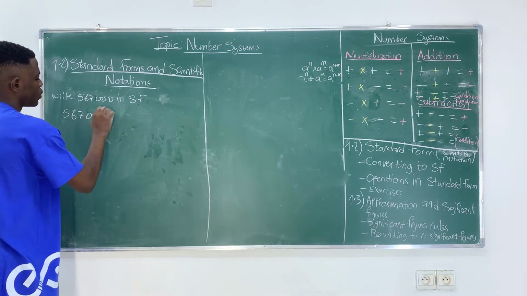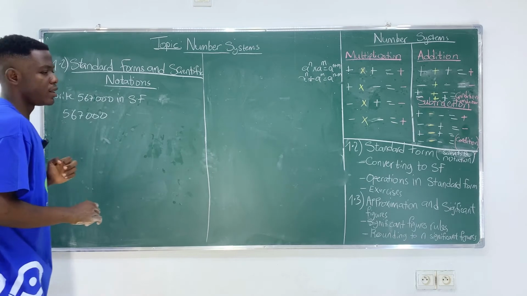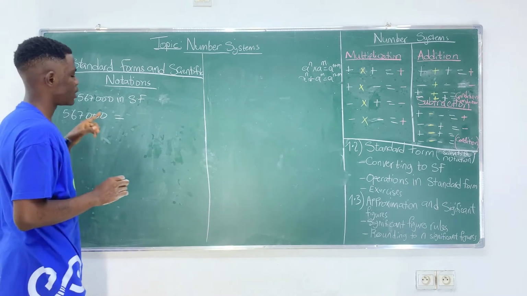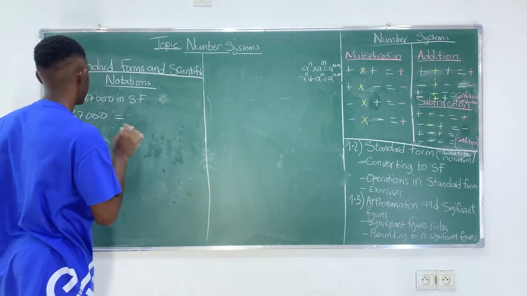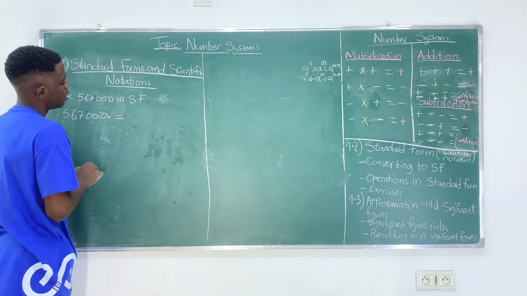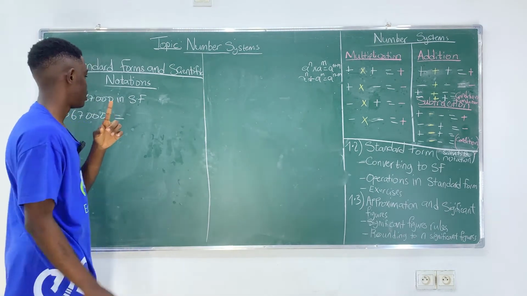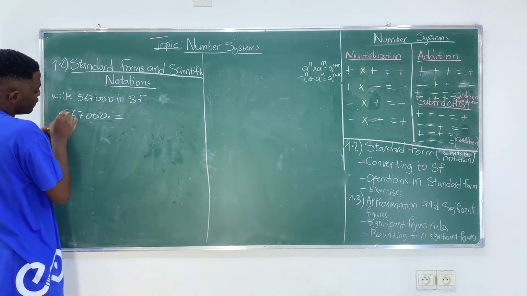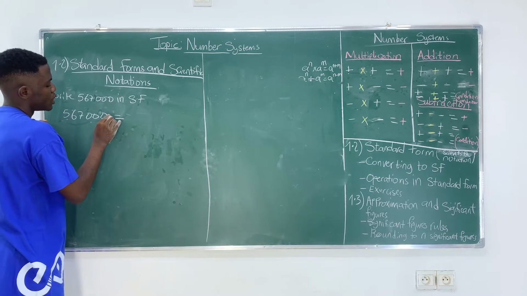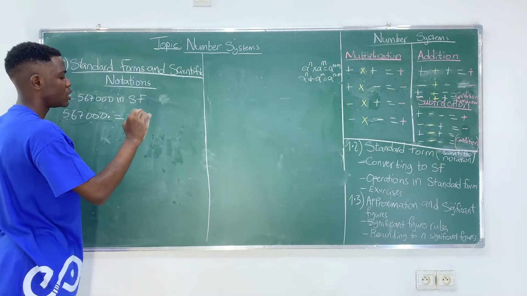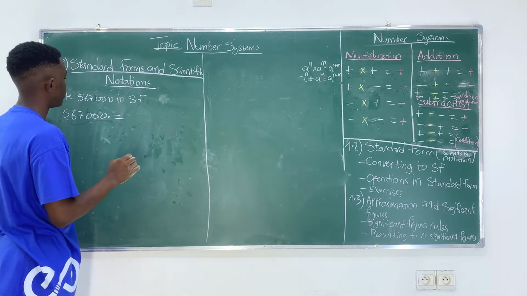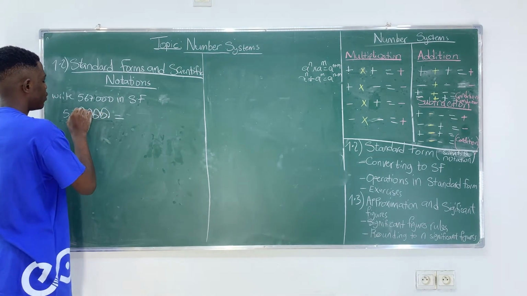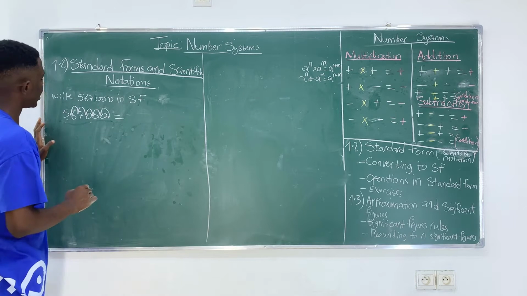So in standard form, since there is no decimal place, it's not giving me any decimal place, I'm going to put my decimal place here and shift it until the first non-zero digit, the first non-zero digit. 2, 3, 4, 5 times.